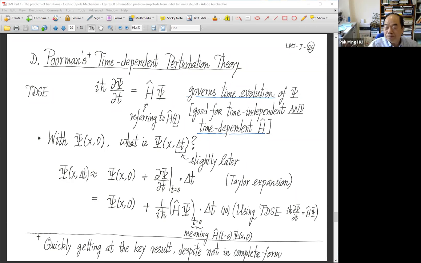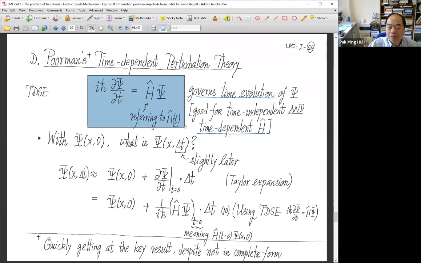Isn't that simple? In doing E and M, you have 4 equations to pick, right? Troublesome. But in quantum mechanics, time-dependent problem, time-dependent Schrodinger equation. That's it, nothing else. So that is easy. So always go back to this equation, okay?